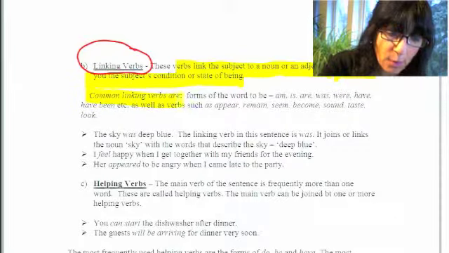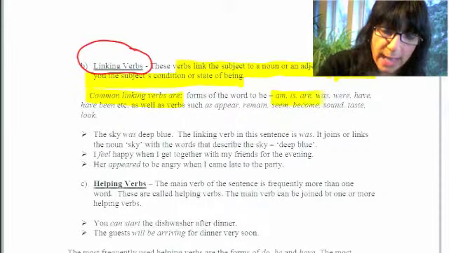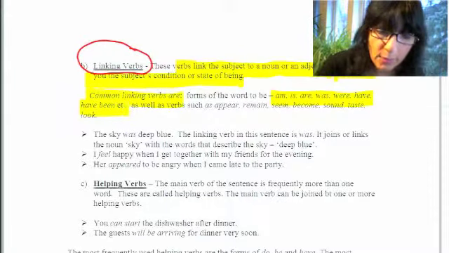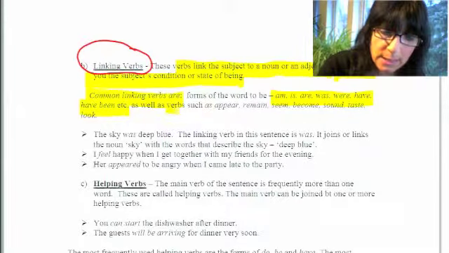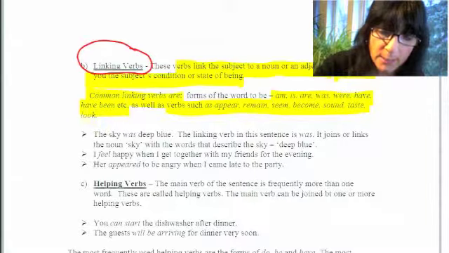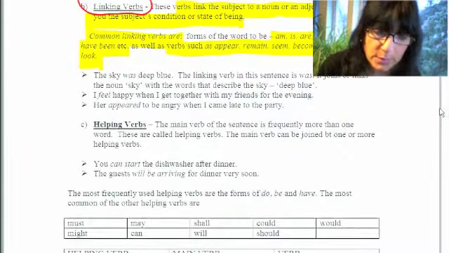But here are some common linking verbs. The verbs am, is, are, was, were, have been. They're all forms of the verb to be. They're all linking verbs. And other linking verbs are the verbs appear, remain, seem, become, sound, taste, and look.